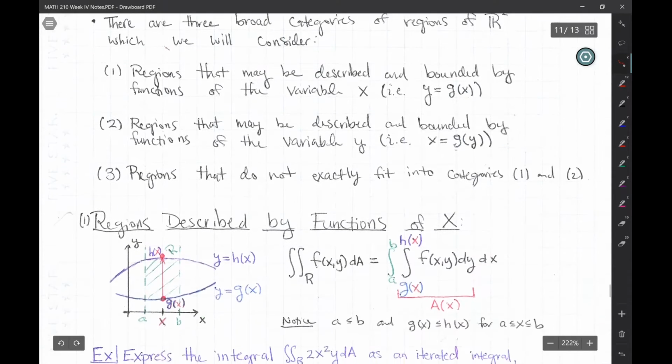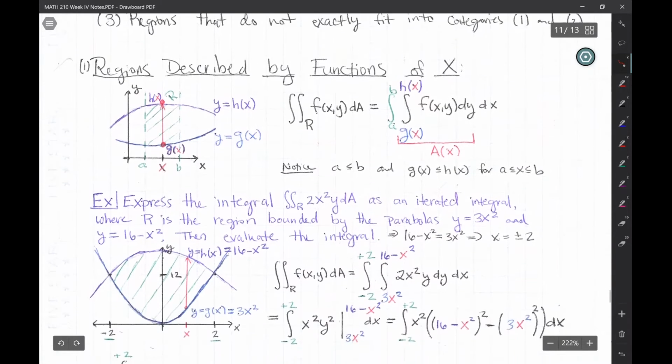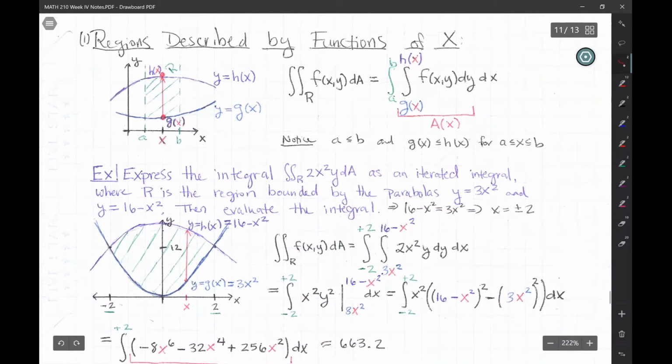So let's discuss the first type of region. These are regions described by functions of x. Take a look at this region. It really is bounded by some top function there, y is equal to h of x, so a function of x, and the bottom, y is equal to g of x, okay?